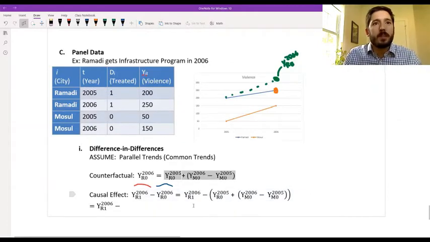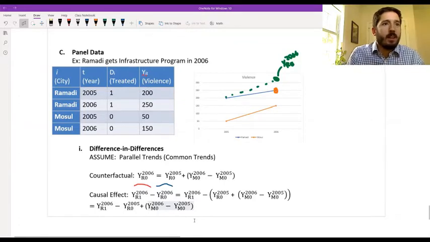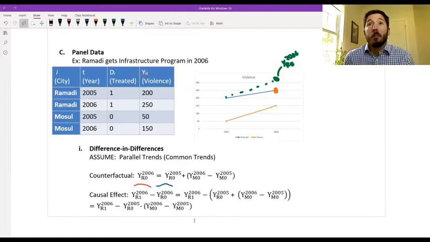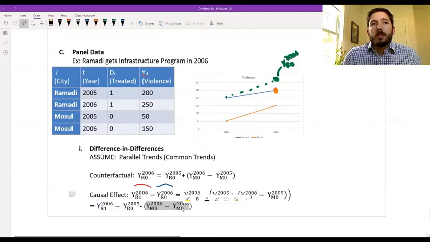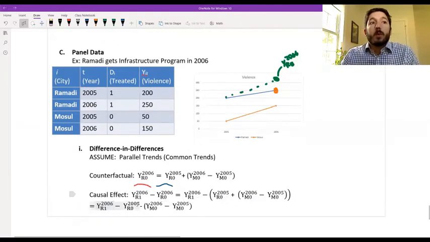All right, so notice what happens here. If we work this through, we've got a difference minus another difference. There's our difference in differences. That's where it comes from. We've got the difference for Mosul between 2006 and 2005, and we're taking that out of the difference between Ramadi between 2006 and 2005.